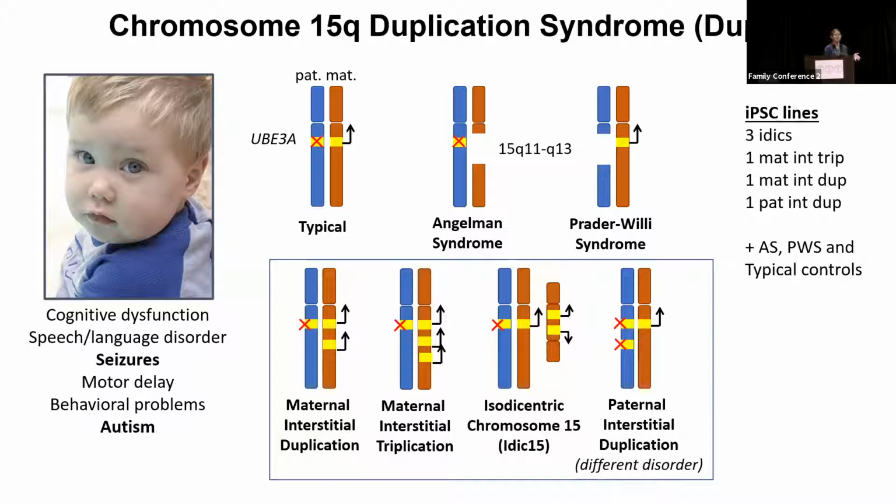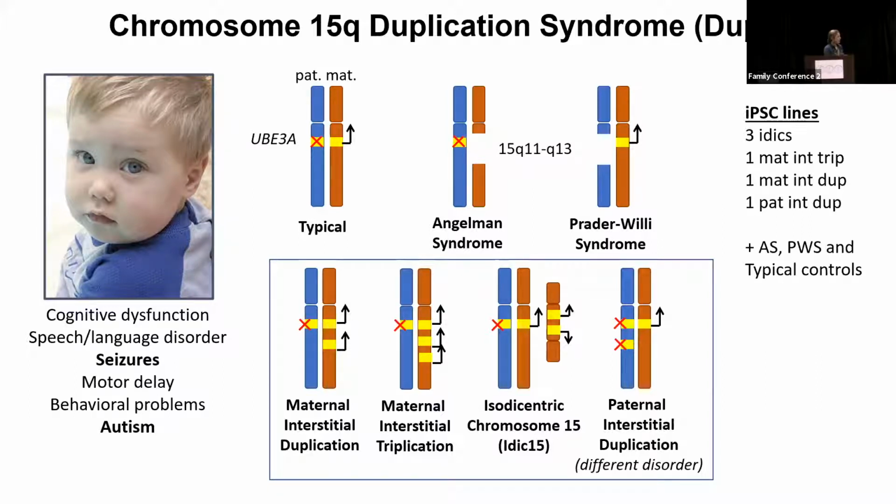Dup15q is a little bit complicated, right? There's a lot of different flavors of this. And I'm going to talk primarily about the idic instances, the isodicentric ones here. But there are also interstitial duplications and interstitial triplications, as well as paternal interstitial duplications, albeit a slightly different disorder.